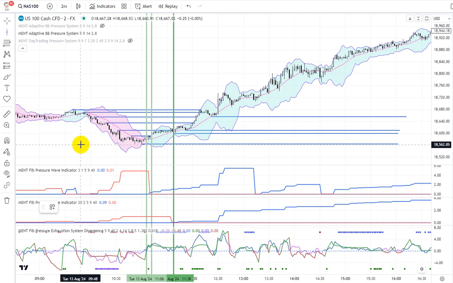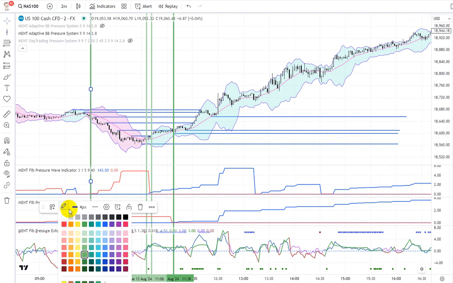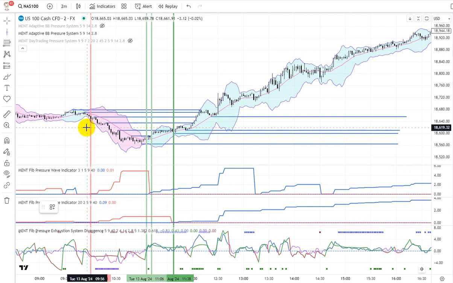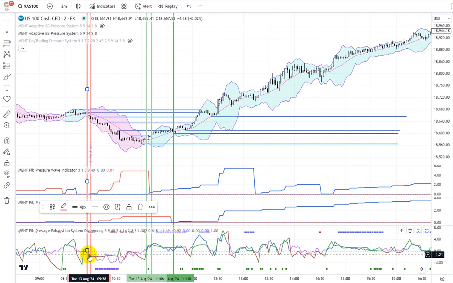probably a little earlier, but because you see how this went down to 0 and this went down to 0, I'm going to say that we get a bearish trigger right here on the short-term settings right down here. I'm going to say that we get a bearish trigger right here on the rolling of the pressure system and on the Bollinger Band system.